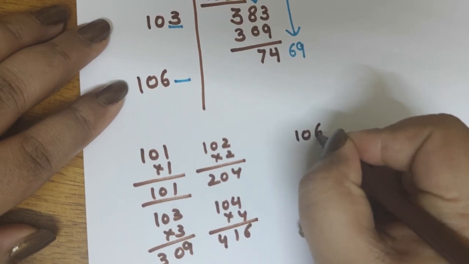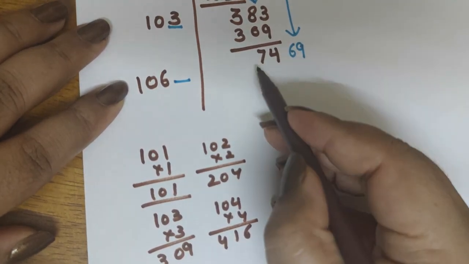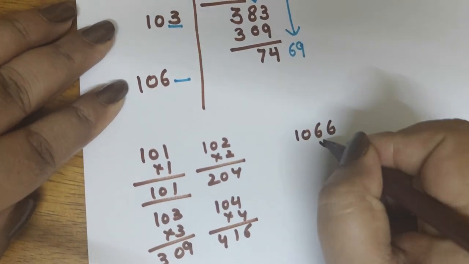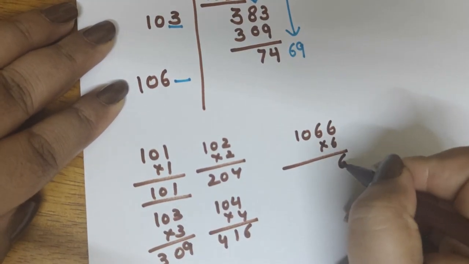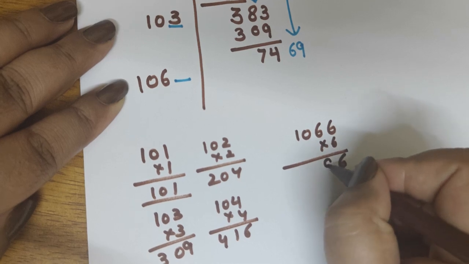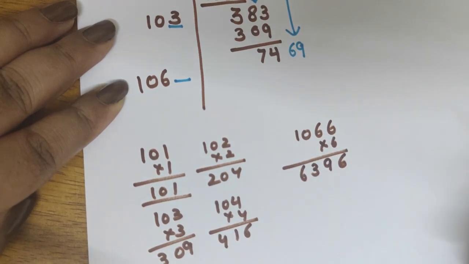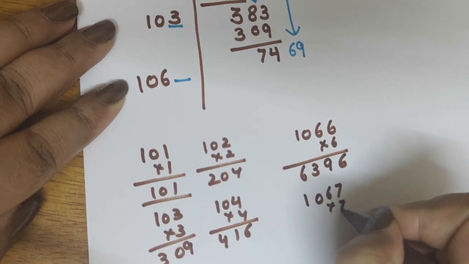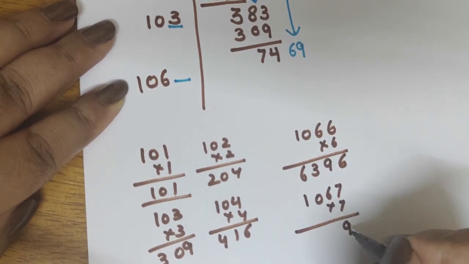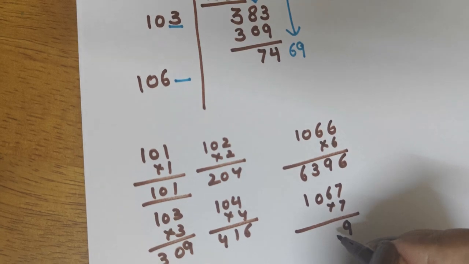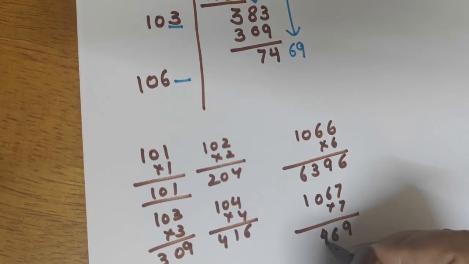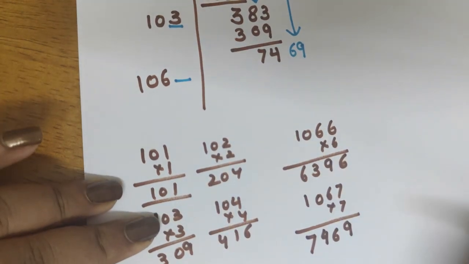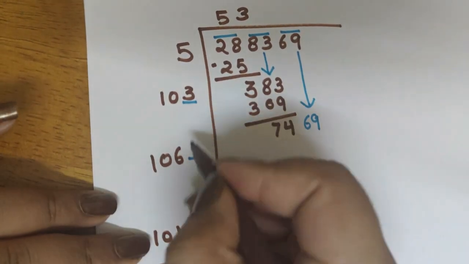Let's try and find out what number will come here. Let's try with a little bigger number because it's bigger. So let's try with 6. Let's try 7. Okay, so 7 is equal.